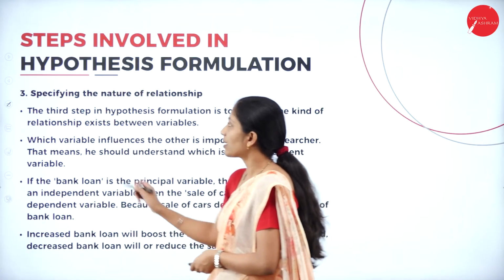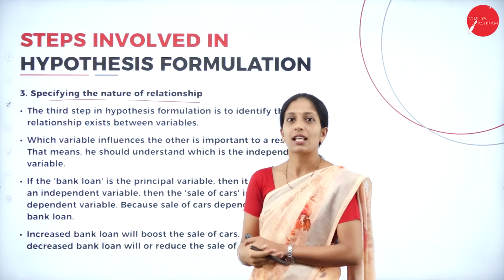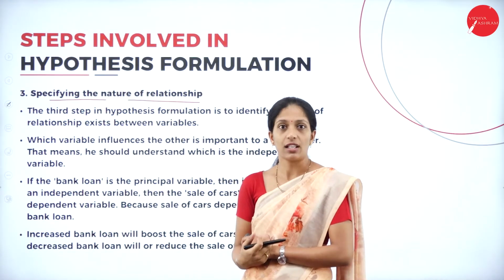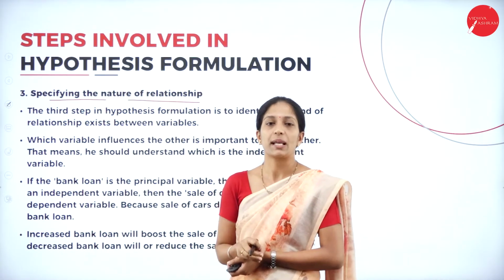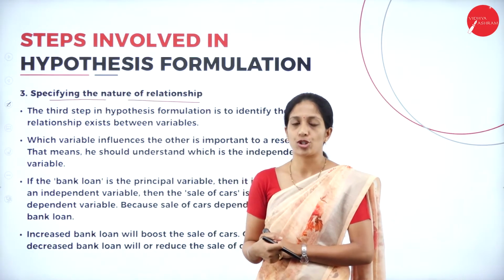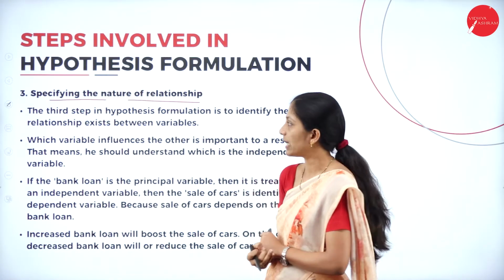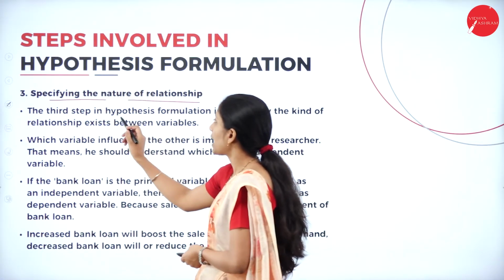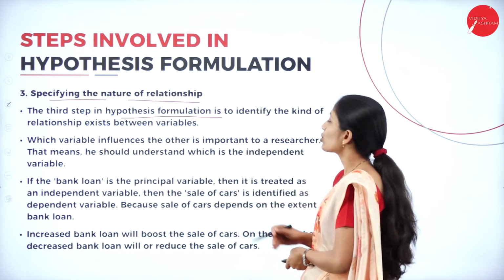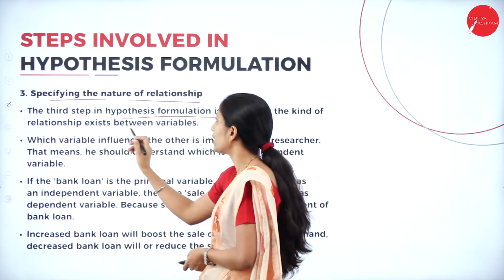Now, coming to the third step, specifying the nature of the relationship. He has defined the variables and studied them in detail. Now, he has to specify the nature of the relationship between the dependent and independent variables. The third step in hypothesis formulation is to identify the kind of relationship that exists between the variables.